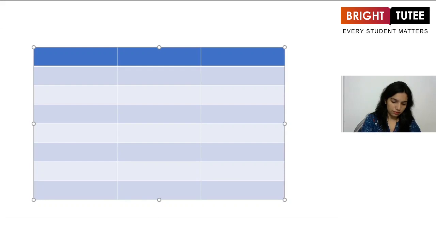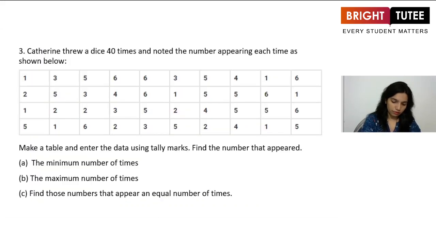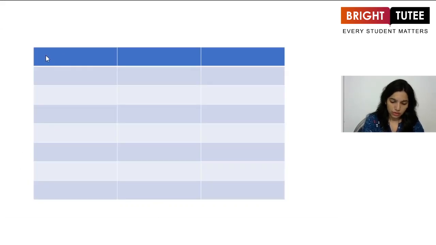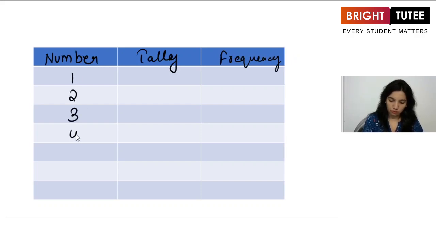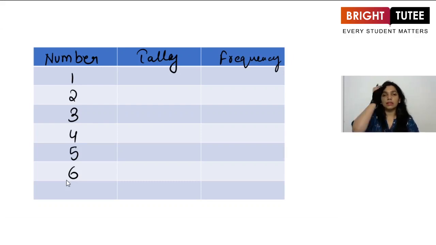So here in this we need to put the number on the dice. So let's just write number here, then here it will come tally, and the last one is frequency, right? So the number can be 1, 2, 3, 4, 5 or 6.